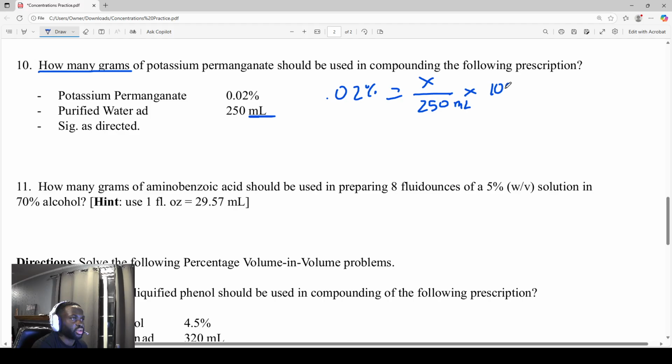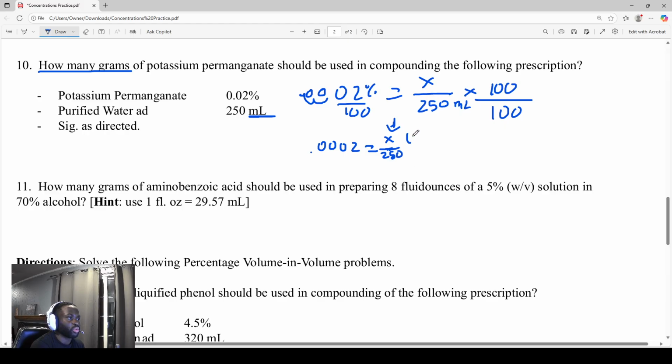And then multiply that by 100 to get it turned into a percent. So we divide by 100, and again, turning that to 0.0002 equaling x over 250.